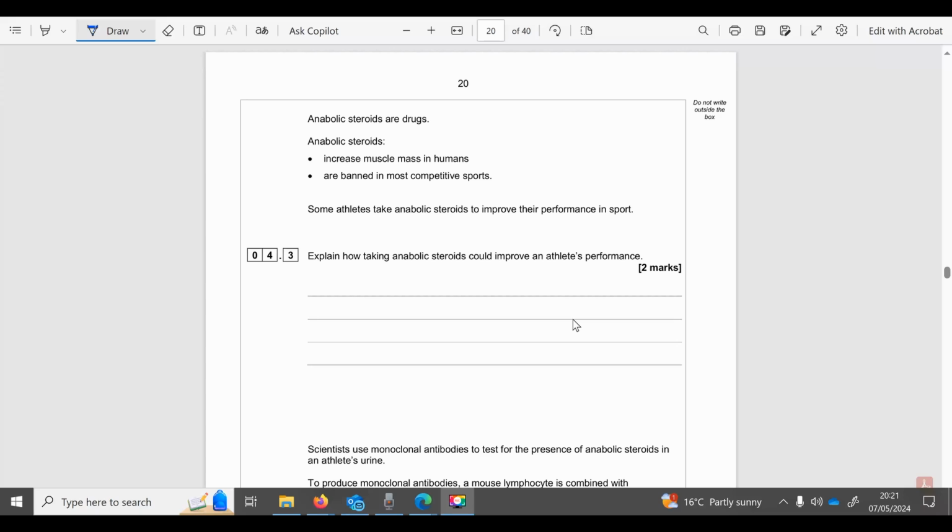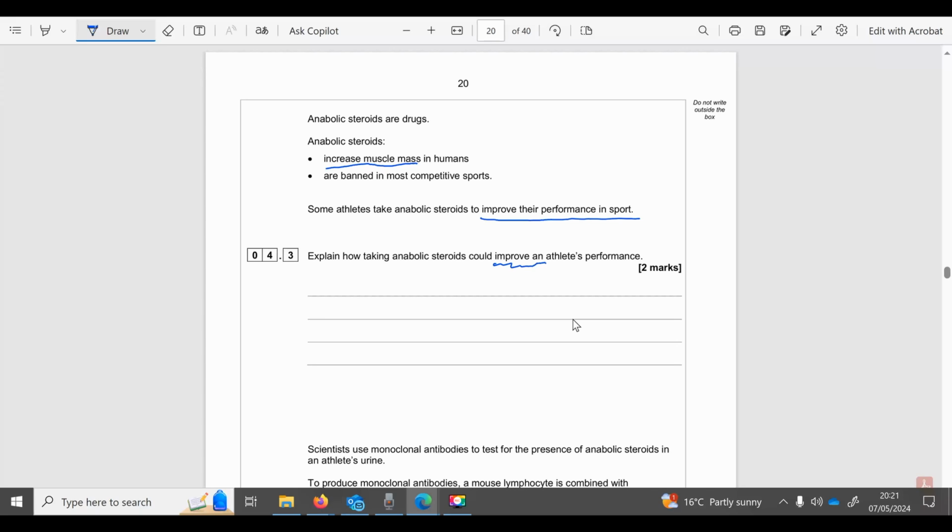Question 4.3. Anabolic steroids are drugs. Anabolic steroids increase muscle mass in humans and are banned in most competitive sports. Some athletes take anabolic steroids to improve their performance in sport. Explain how taking anabolic steroids could improve an athlete's performance. 2 marks.